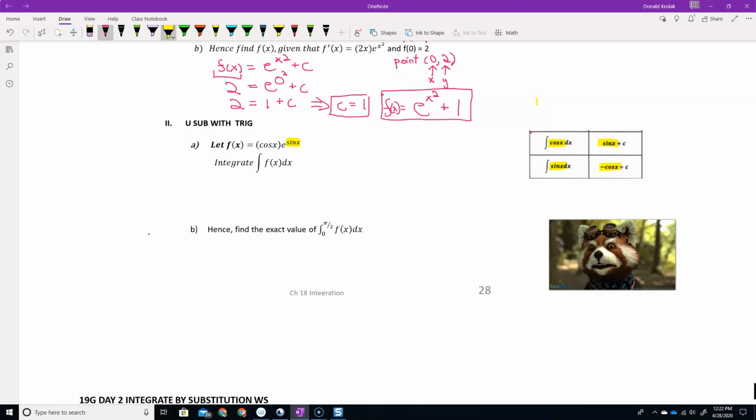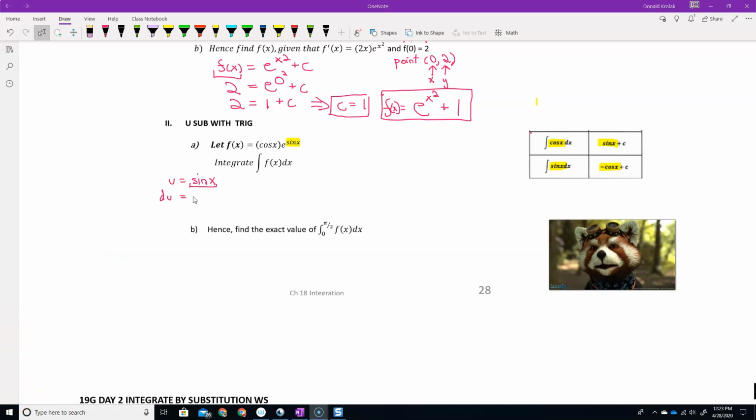Okay, so to integrate that, we're going to let our u equal sine x. Now I'm going to do the derivative of the left side. Okay, the derivative, not the integral, but our derivative of sine.